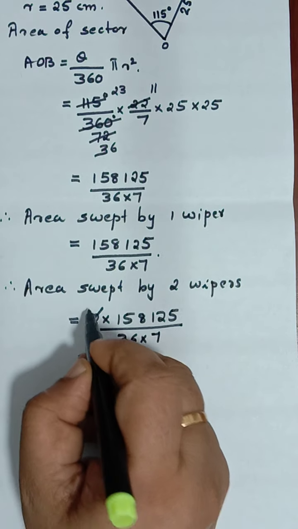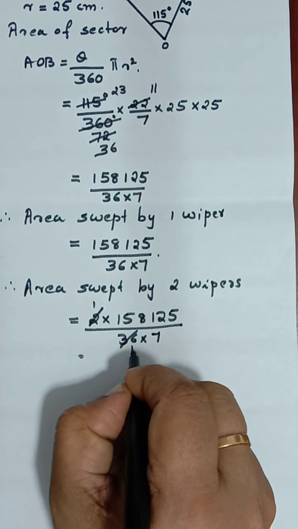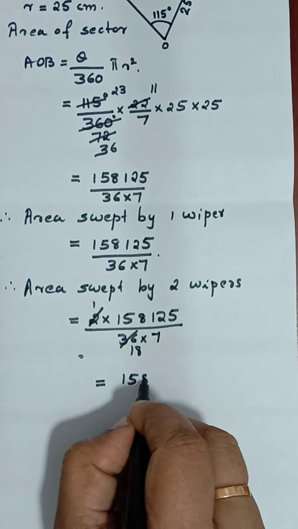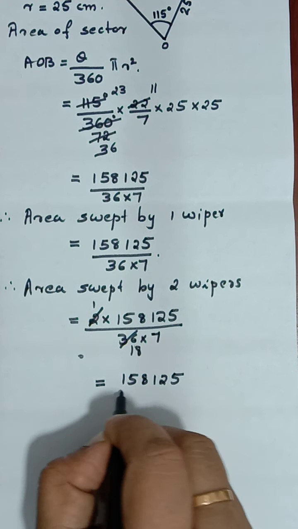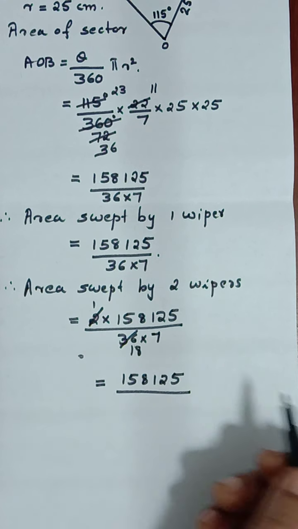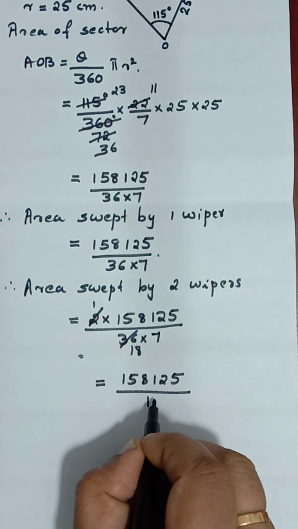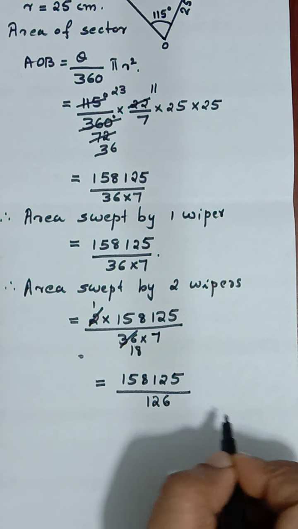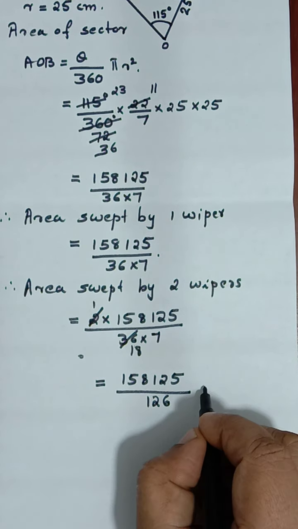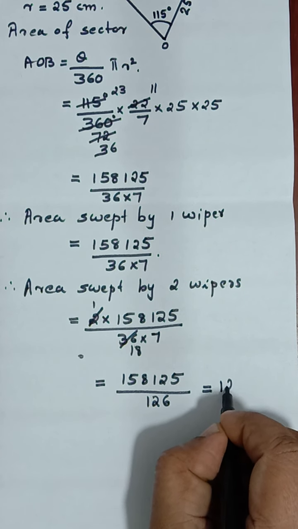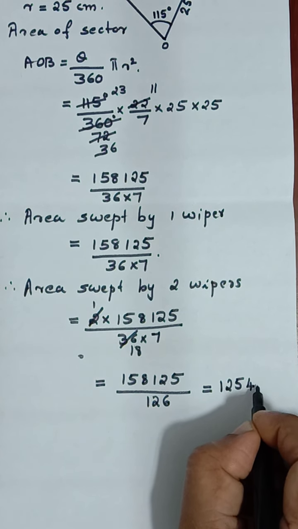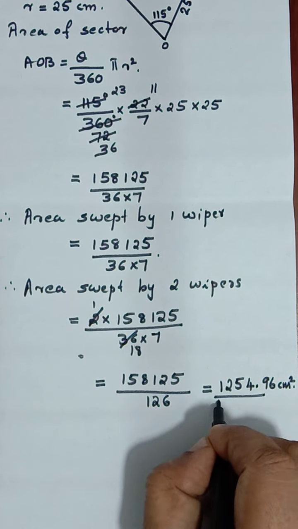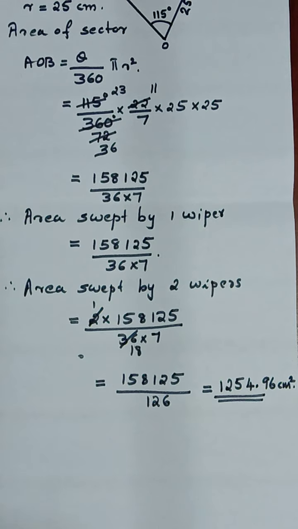So here again you can cancel the even number by 2. It is 18 times. So 1,58,125 divided by 18 into 7. You multiply, you will be getting it as 126. Do the division and you will be getting it in cm square. Your answer is 1254.96 cm square.